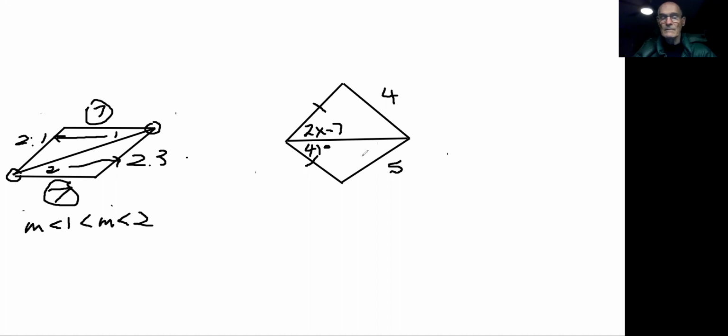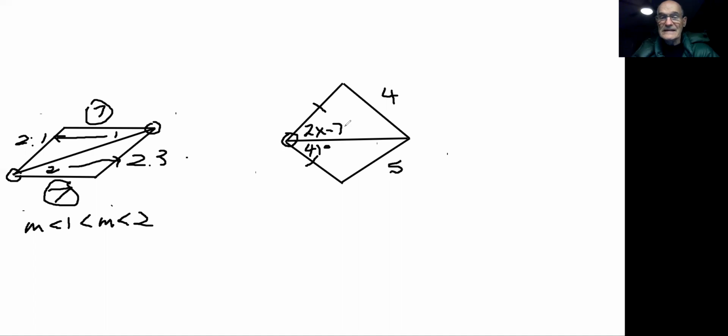Now, once again, we have the hinge situation because you see we have one pair of congruent sides here with this one and this one. And once again, the second pair of congruent sides is this reflexive side right down the middle here. So both of our hinges are right here in this corner. And we can look out and see, okay, we have a 4 here and we have a 5 here.